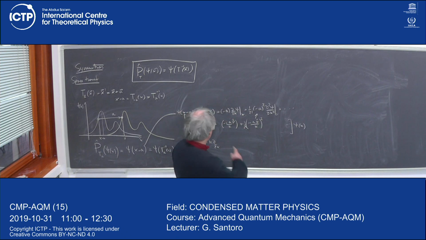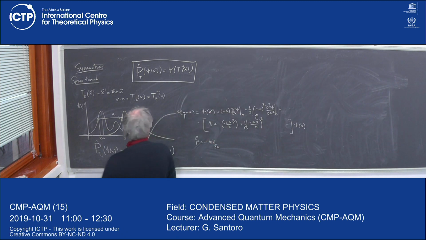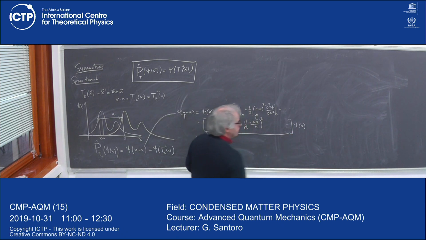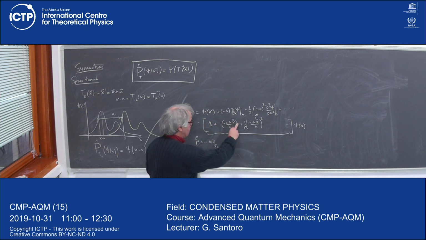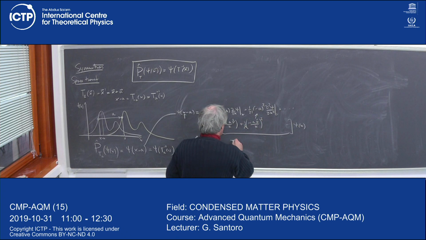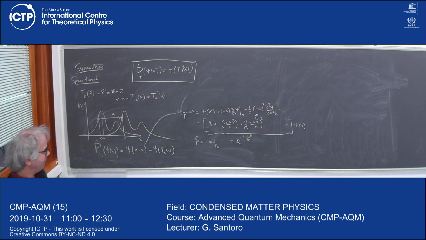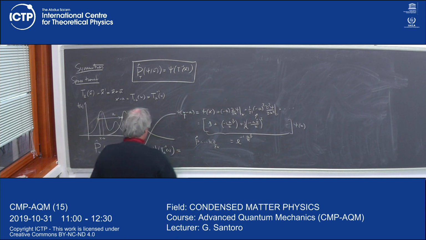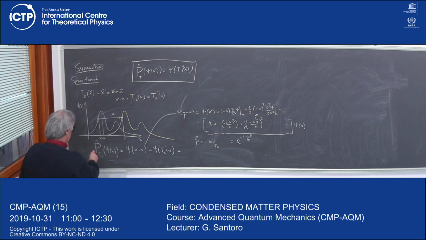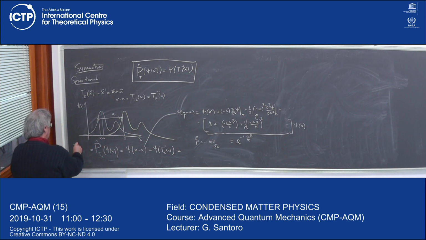So if I ask you what is the object in the square brackets here, the answer would be the exponential of this object, because it's 1 minus first term, second order term, so this object is e to the minus i a p over h bar. So nicely enough, this object here is also equal to e to the minus i a p over h bar applied to psi of x.